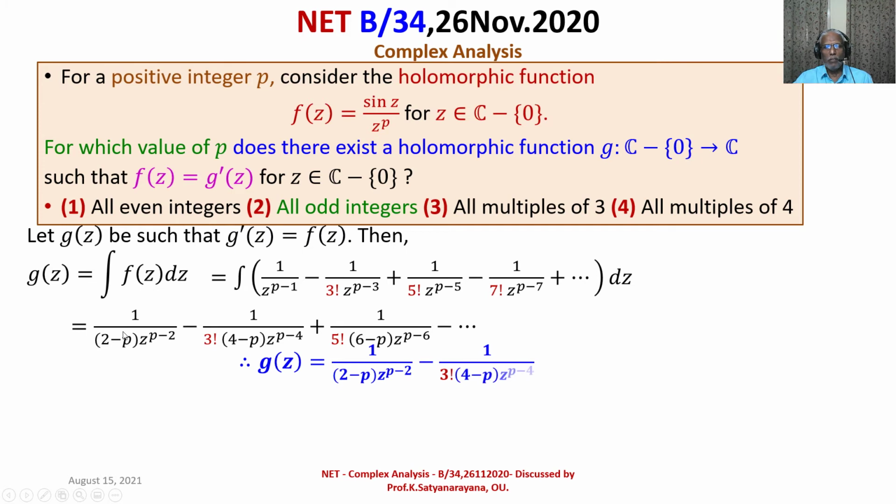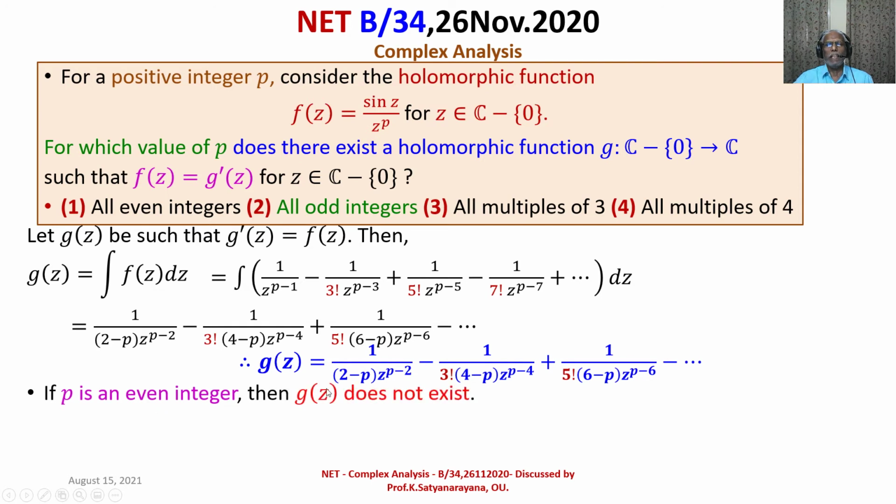Now g(z) will be this expansion that we have. If p is an even integer, suppose p is 2, 1/(2-p) does not exist. So g(z) does not exist. Suppose p is 4, this does not exist. So in general, if p is an even integer, then g(z) does not exist.